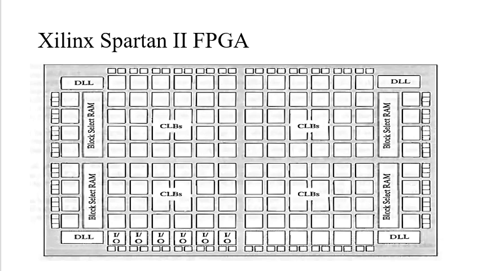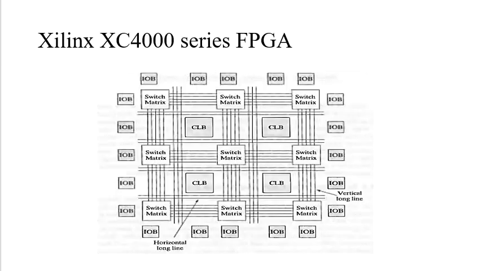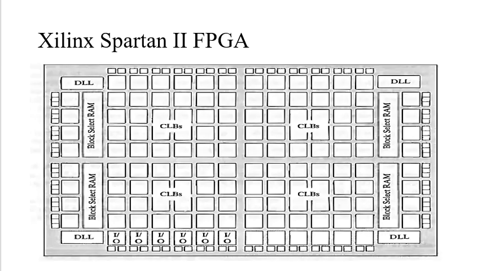Compared with the 4000, you have the same thing, but you include the DLL and block select RAM.